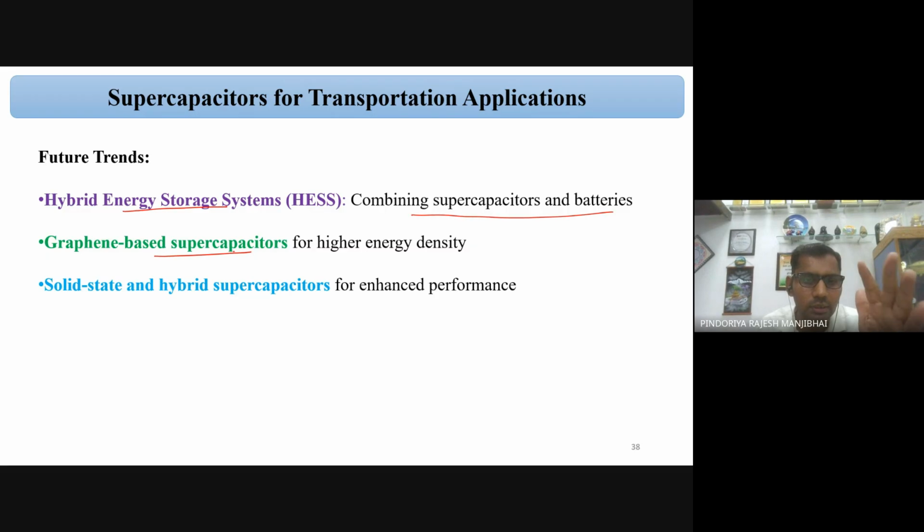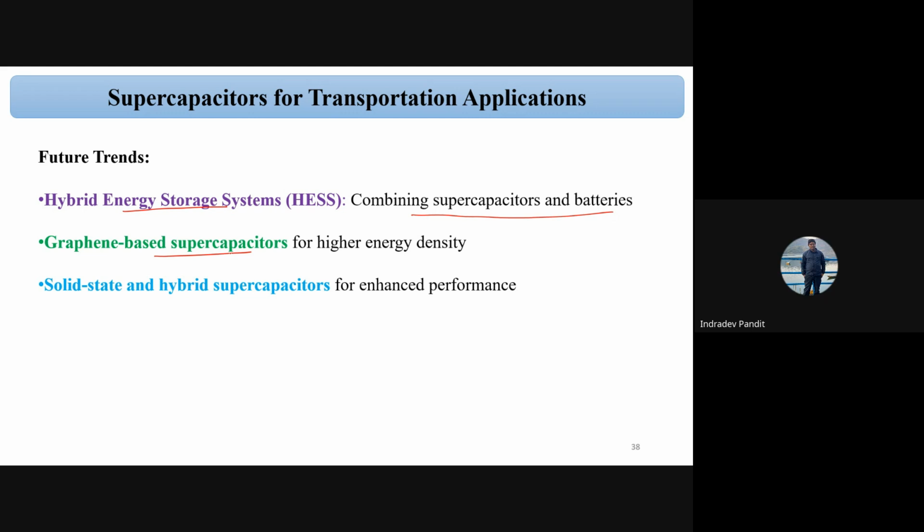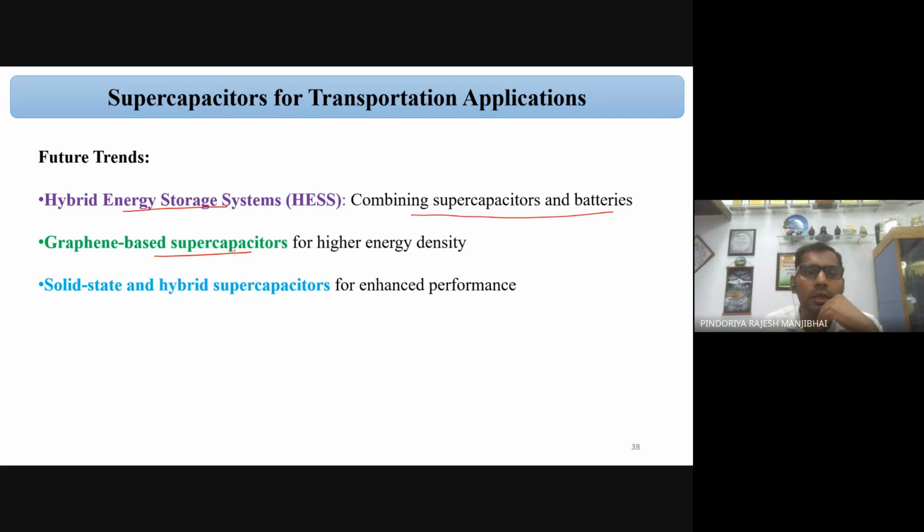What are the dielectrics used in the supercapacitor? Dielectric, correct? Yeah. So graphene based supercapacitor for higher energy density. Normally we use graphite for higher energy density. Solid state and hybrid supercapacitors for enhanced performance. So these are the future trends to design the supercapacitor for transportation.